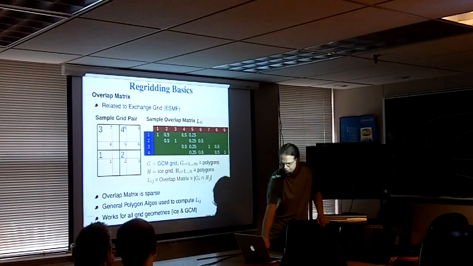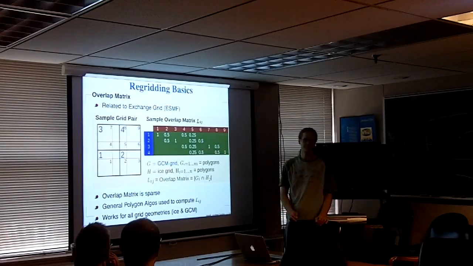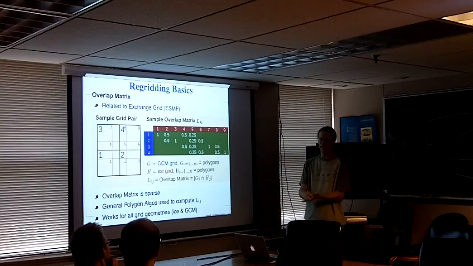There's this great theorem, I guess, or principle of cartography, that if you use an equal area projection, then the area of your grid cells doesn't change when you project them from the sphere onto the plane. And so therefore, the overlap computation won't change either.